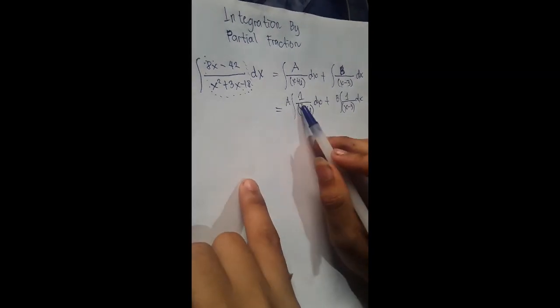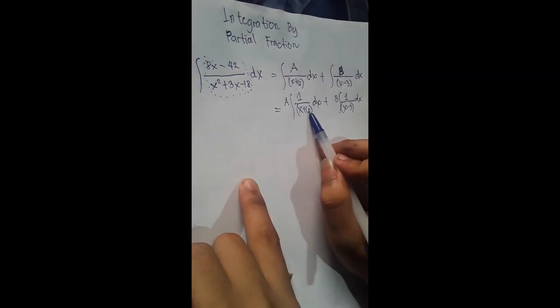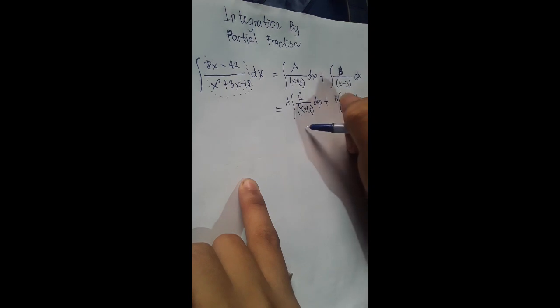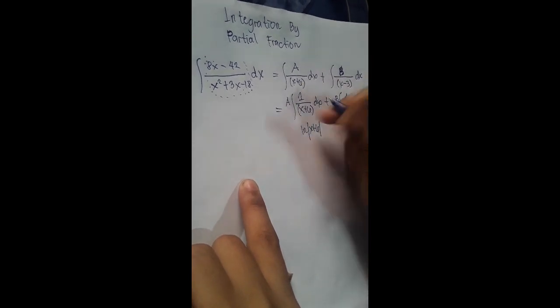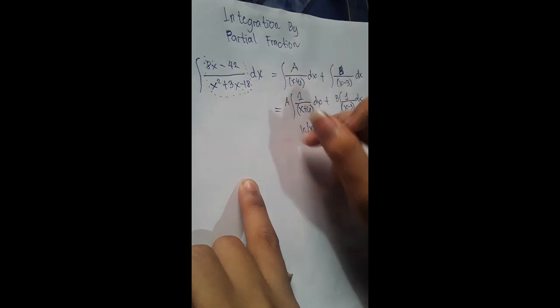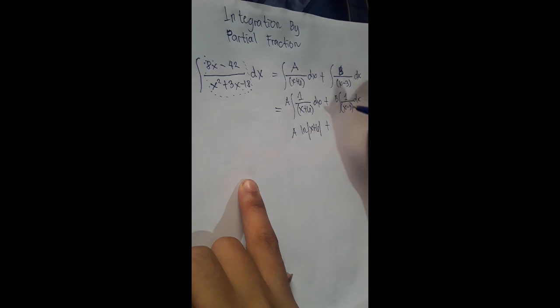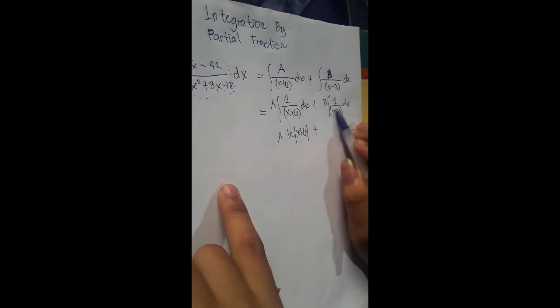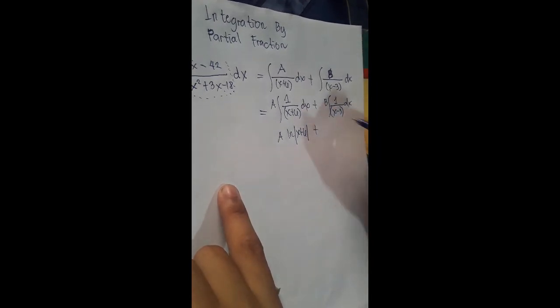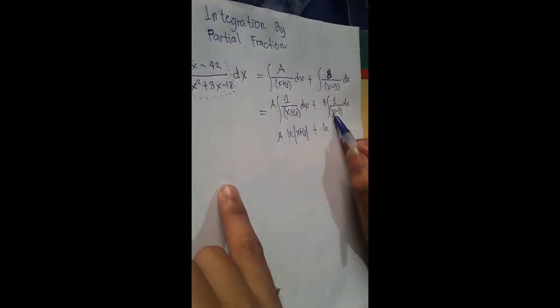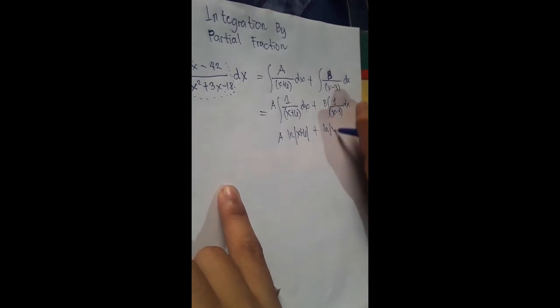So, therefore, the integral of 1 over x plus 6 will become ln with the absolute value of x plus 6. So, we copy a here, plus the same thing for 1 over x minus 3. This will become ln with the absolute value of x minus 3.